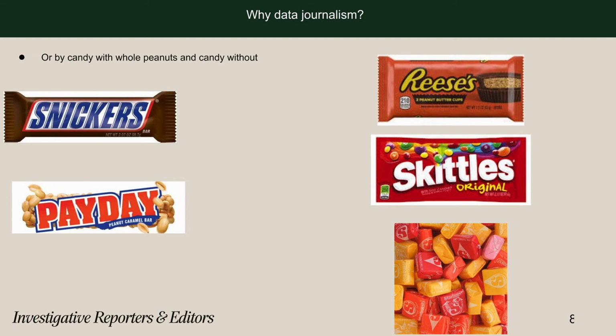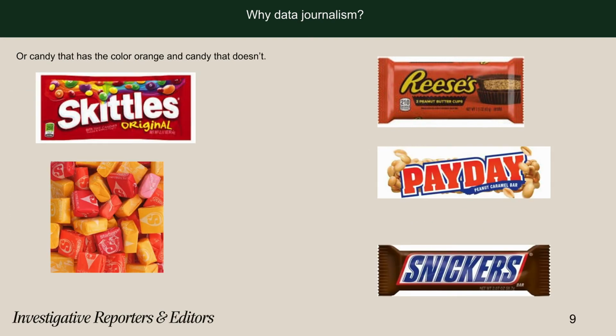You can group it by the candy that has whole peanuts in it or candy without. Now keep in mind, peanut butter cups have peanuts technically in them, but they're not whole peanuts. Snickers and Payday do. You also can group them by color: any candies that have the color orange on them and candy that doesn't. Keep in mind, Reese's does use an orange package. Payday has a lot of orange on their package as well, but the candy itself isn't.